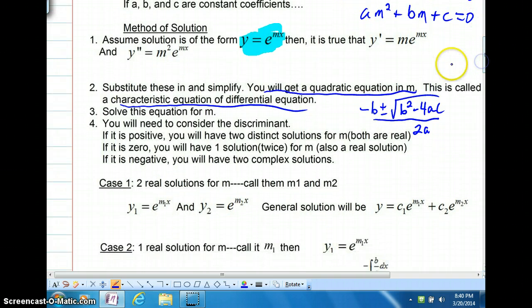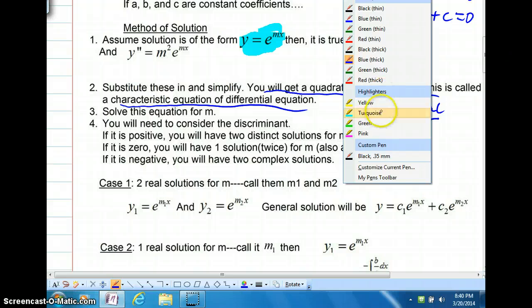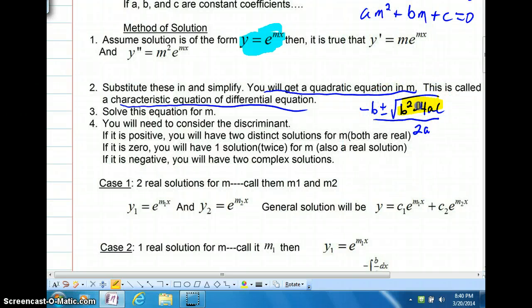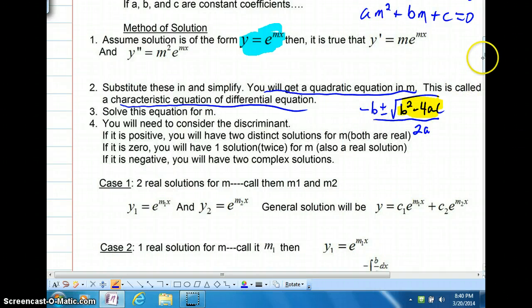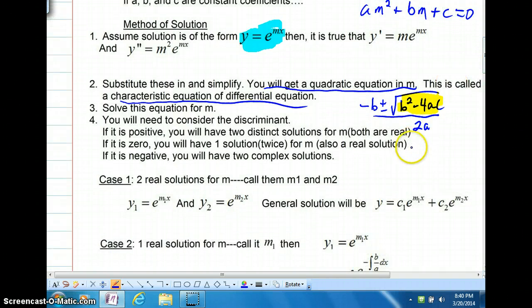And what we're going to do is consider the discriminant. The discriminant is very simply the argument of the radical. And just highlighting what's happening with this discriminant, if b squared minus 4ac, the inside of the radical, was greater than 0, we'd get 2 real solutions.